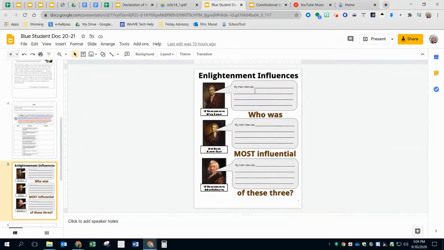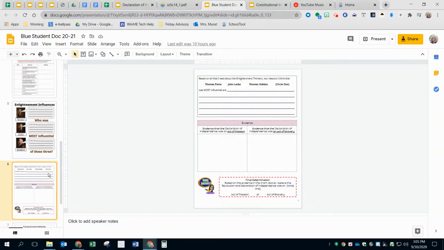Then you're going to talk about what was Thomas Paine's main idea, what was John Locke's main idea, what was Thomas Hobbes' main idea, keeping this question, who was most influential of these 3, as your filter when you are looking at the sources for each one of those. Then you're going to come on this page and determine, based on what you learned on this page, who was the most influential. You're going to circle one of them, and then you're going to explain to me why. The why is very, very important.